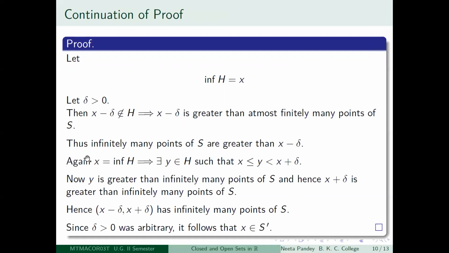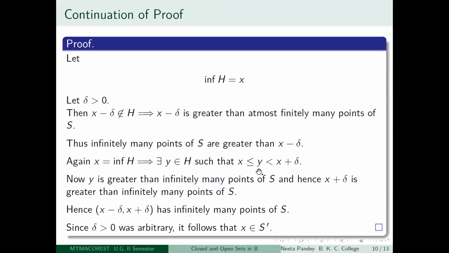Now you look at x again. It is not only a lower bound, it is the infimum of H. So if you look at x plus delta, which is an increment in x, x plus delta is no longer going to be a lower bound of capital H. So we will be able to find a little y in capital H such that x is less than or equal to y is less than x plus delta.